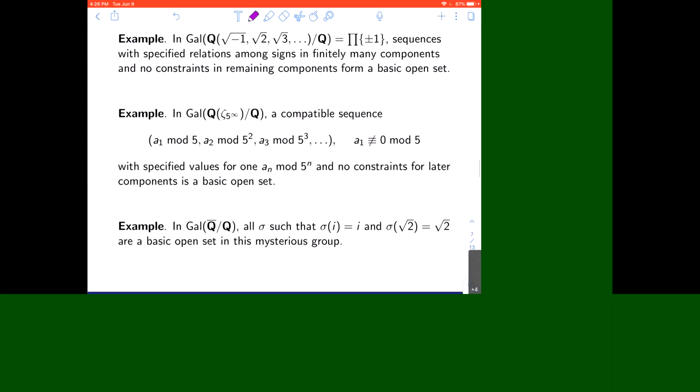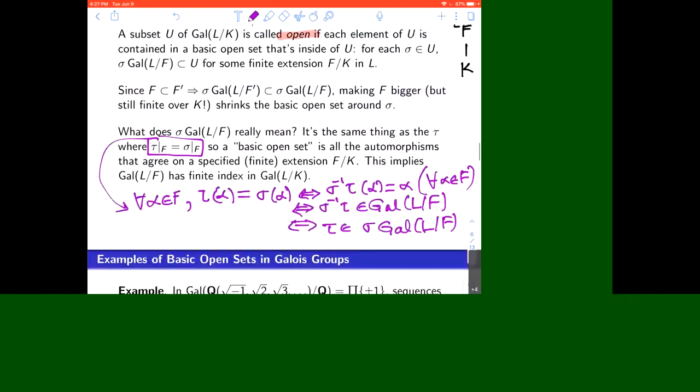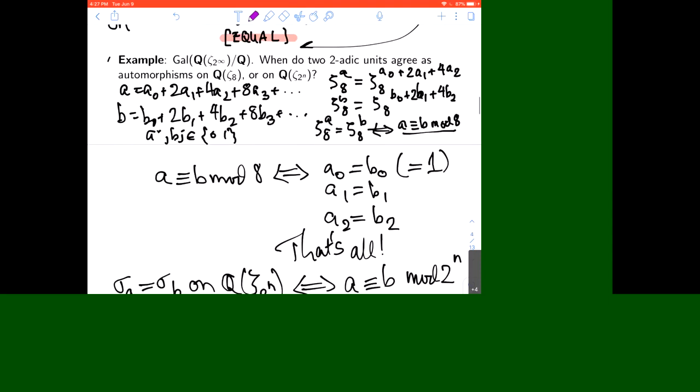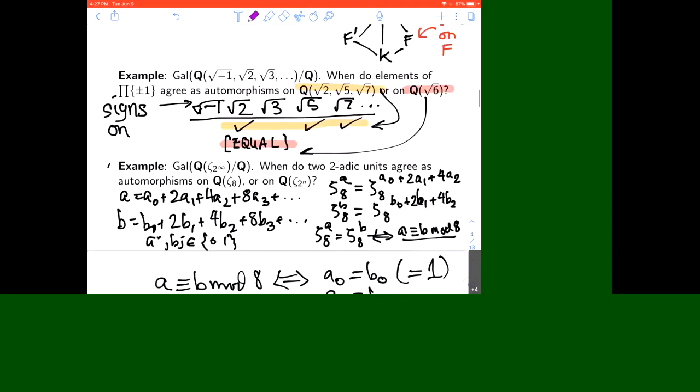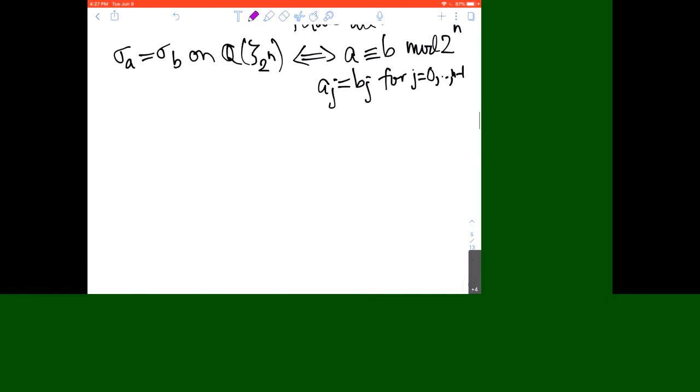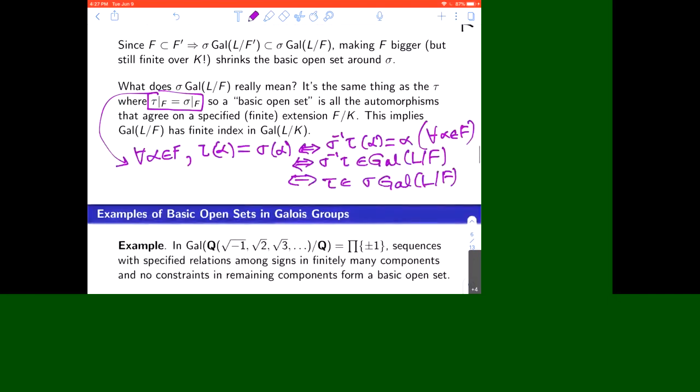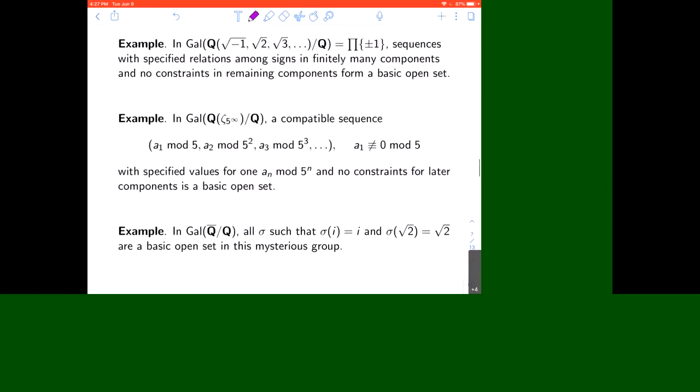Or if I wanted to fix Q join the square root of 6, then we saw before, fixing Q join the square root of 6 means that the components for root 2 and root 3 have to be the same. So a basic open set in this product space amounts to fixing a finite number of square roots and then saying what the signs have to be on those square roots.